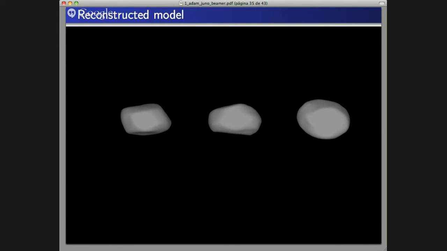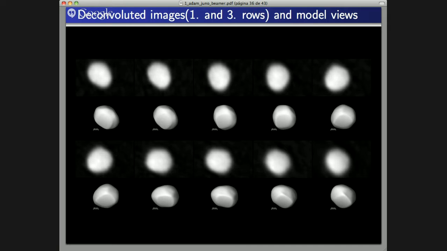We see that the fit is not perfect. Here are the model fits, but there are some very similar features here and here. And of course, the data resolution is like 60 kilometers, so we really don't know if we can do it better.